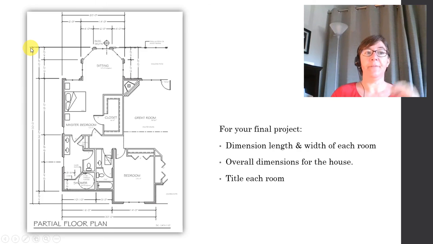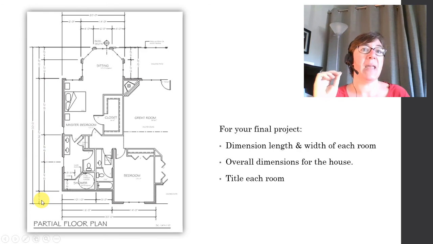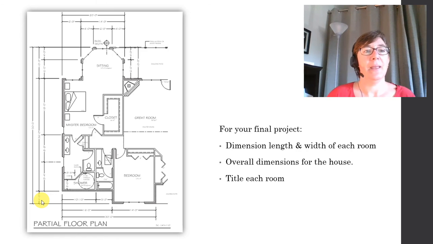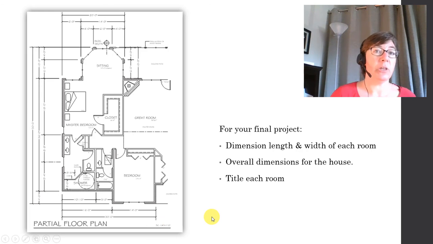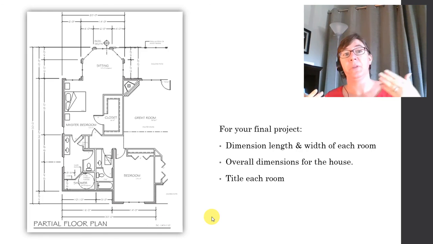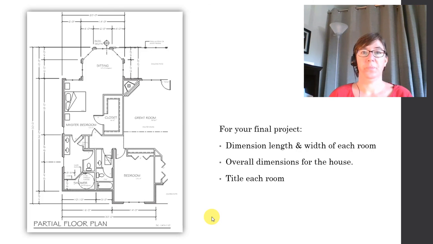I definitely want the overall level of dimensions, so the overall length and width of your home. And I want you to at least provide this next level of dimensions, which will be the major rooms, the major walls in your home. That way you give a lot of information about the construction of your home.